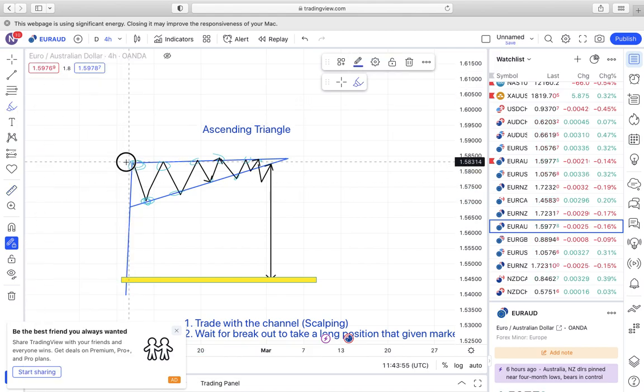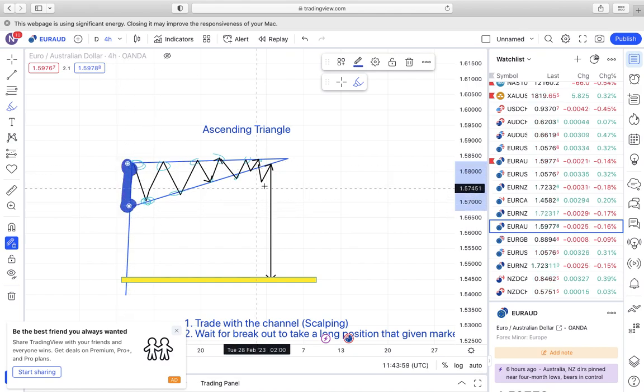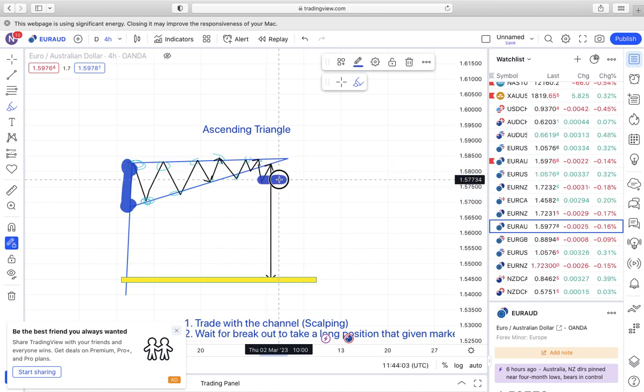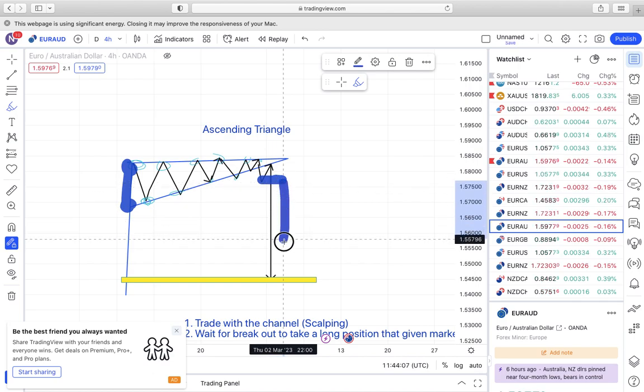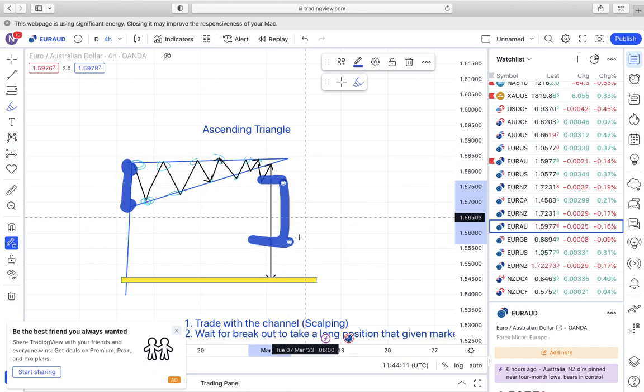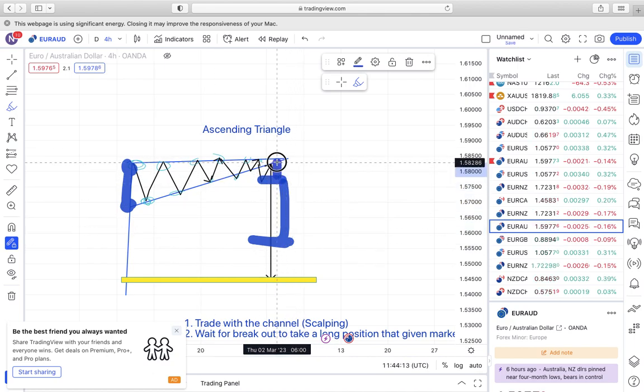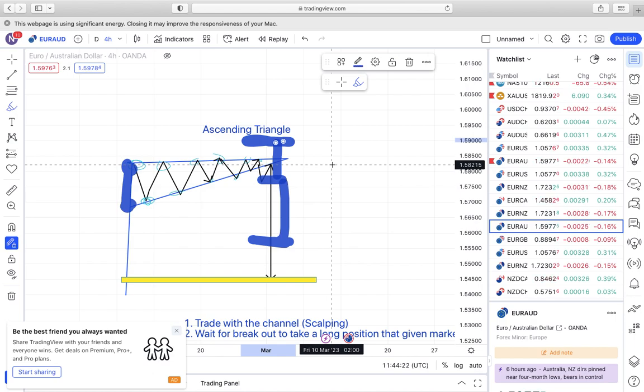Now you come from here at the entry. Your entry will be here after this retest. You come from here up to here. That one is 159 pips. This is the guaranteed take profit. Your stop loss should be 50 pips above that trend line, or 20 pips depending on the capital you have.